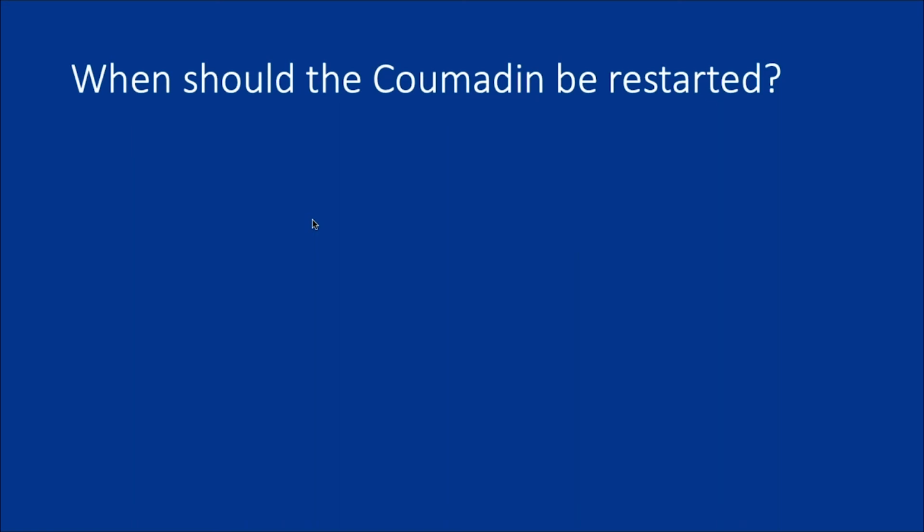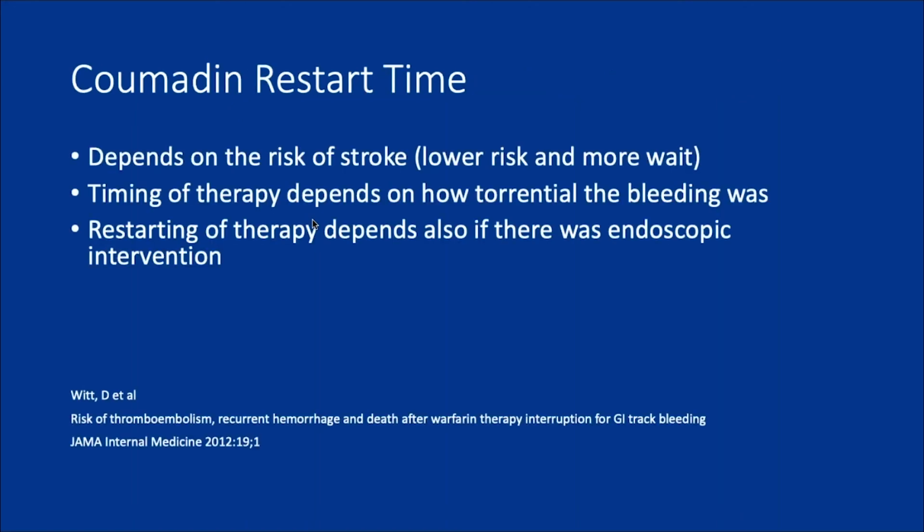In years gone by, we used to wait a period of time, a couple of weeks, sometimes a month under these circumstances, to make sure everything was okay, that there would be no further bleeding, but that's changed significantly. Look at this from Witt in the JAMA Internal Medicine 2012. Coumadin restart time depends on the risk of stroke.